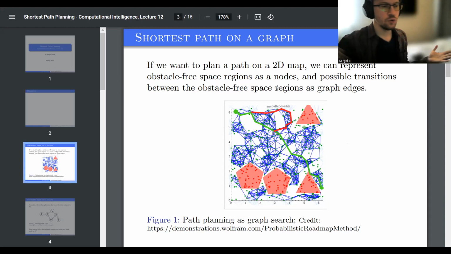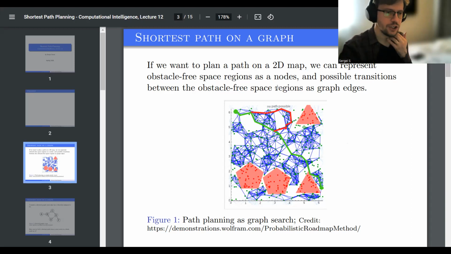How is it relevant to robotics? The relevance is kind of like this. Let's say you have a car that has to drive from a point A to point B on a map. Ideally, you would want to be able to get a route from point A to point B, but how do you do it?